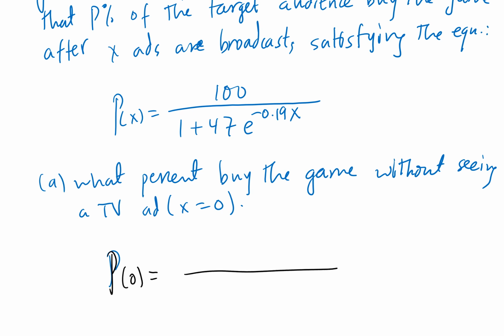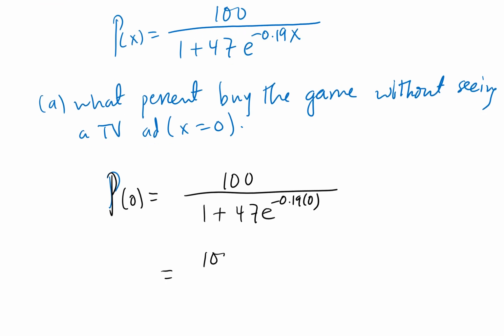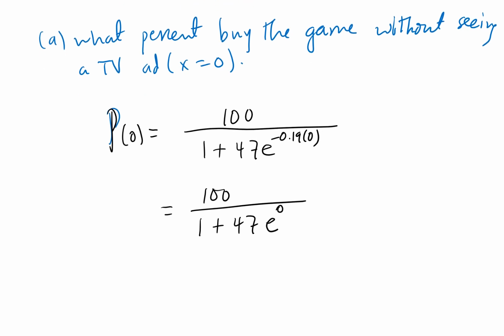Means all we have to do is just take that equation and substitute X equals 0. That gives us 100 over 1 plus 47 e to the 0, which is 1. And of course you can go straight to the calculator. So it's 100 over 1 plus 47, 100 over 48.